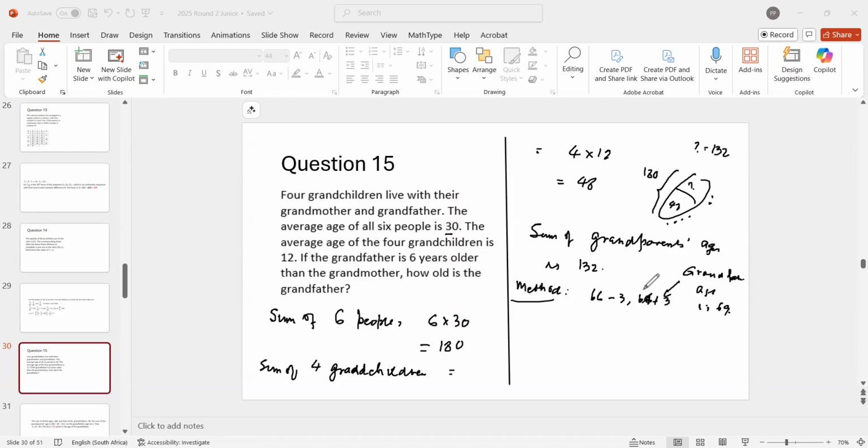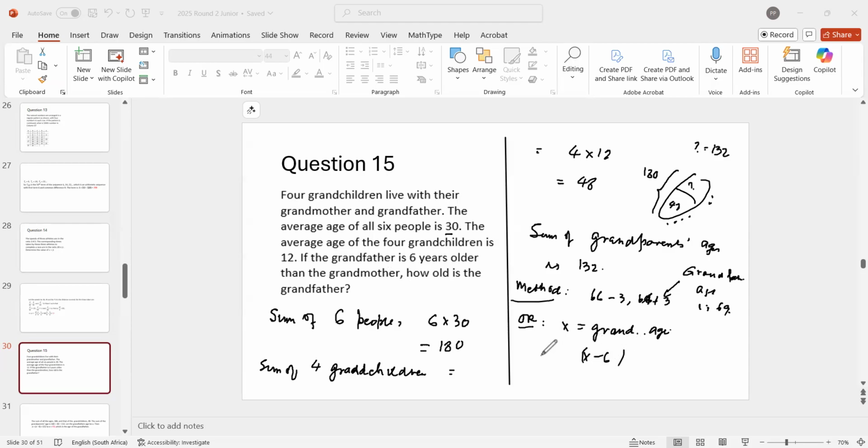One is 6 more than the other. The other way of doing it is, you can say let the grandfather's age be x. Then the grandmother will be x minus 6.